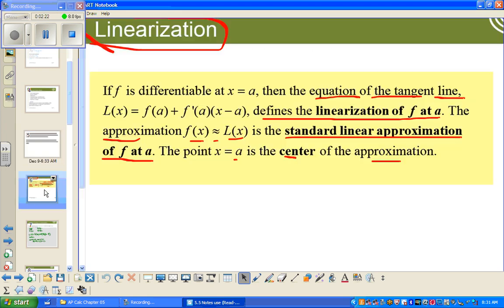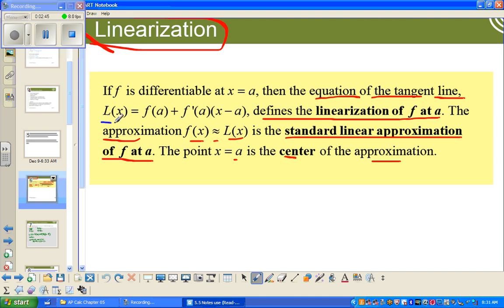So to get started, we're going to talk about linearization. Now don't get confused by all of this. What this is basically saying is if we pick some differentiable function f and we pick a value a to write the equation of a tangent line, we're going to call that L of x. That's nothing new to us.